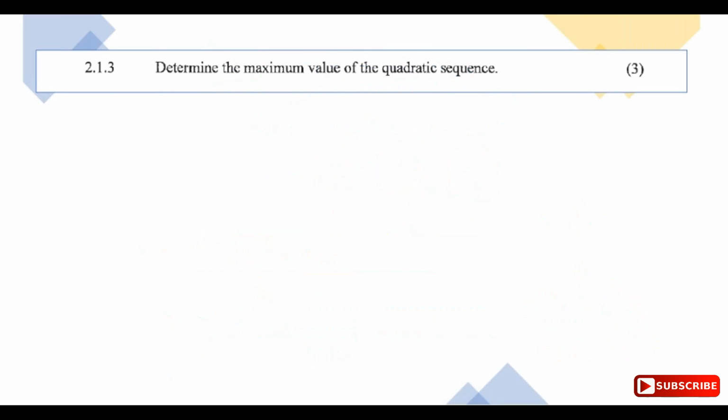Determine the maximum value of the quadratic sequence. All right, so guys, obviously if they want the maximum or the minimum, then we know that we are supposed to differentiate, right? So we are going to simply take the formula of the nth term of a quadratic sequence, which is Tn, which is equal to minus 4n squared plus 40n plus 36, and we are going to differentiate this equation to get the maximum value of this quadratic sequence.